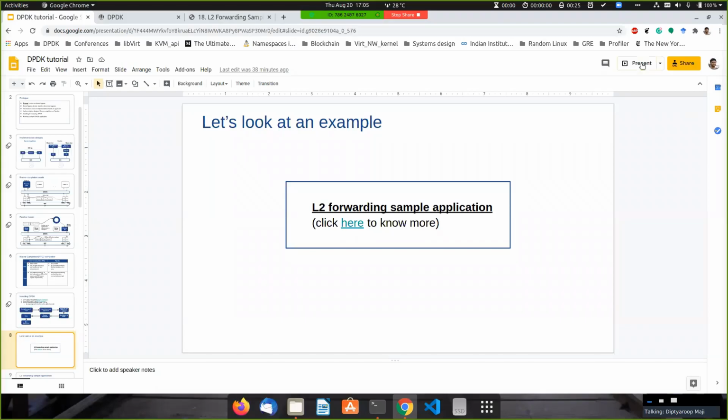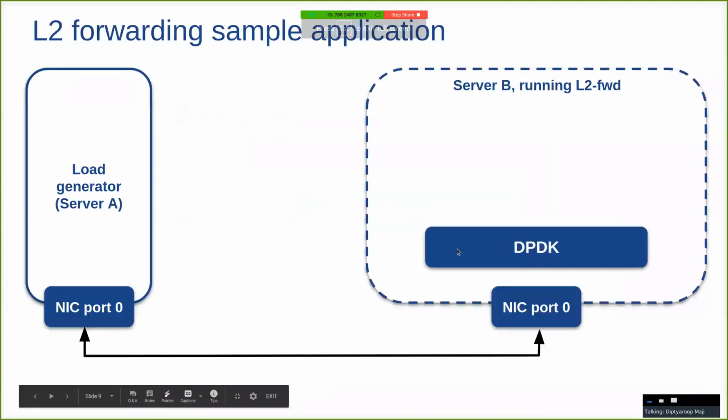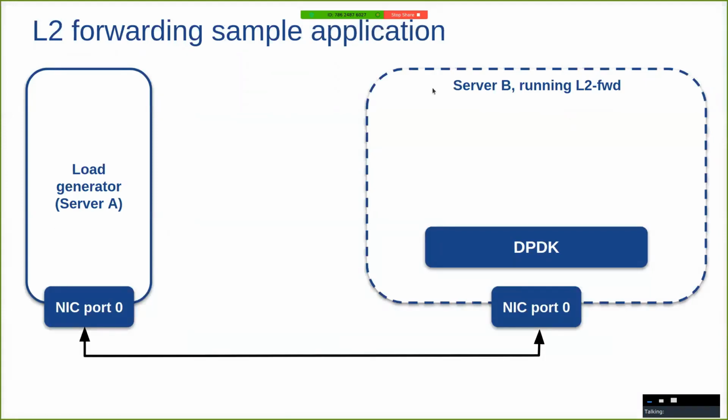Let me explain the setup. There are two servers. There is a load generator, we'll call that server A, and there is a server B which is running our L2 forward application, and it runs on DPDK.